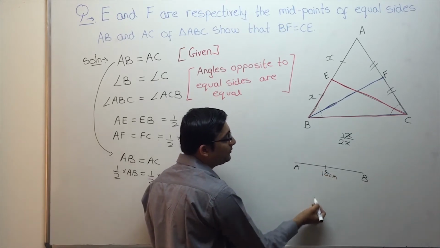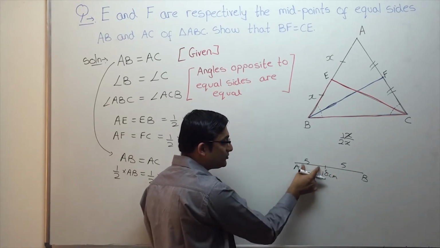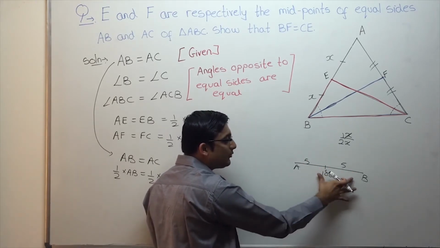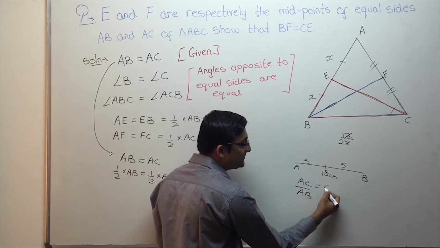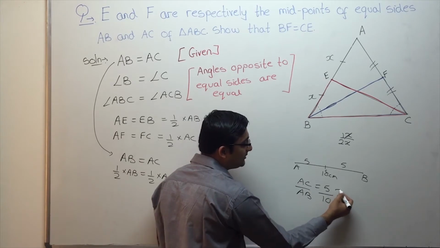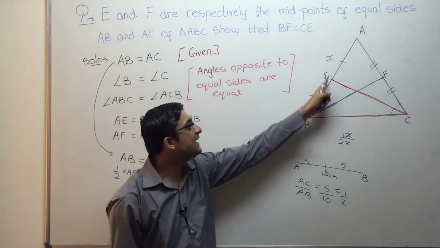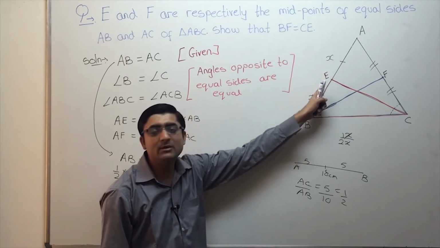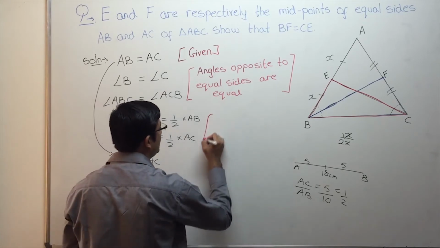C over here is the midpoint. That means AC is 5, BC is 5, right? Now what is AC upon AB? AC is 5 centimeter upon AB, that is 10. That is half. So AC is basically half of AB. Similarly, AE and EB both are half of AB, right? So right over here, given.